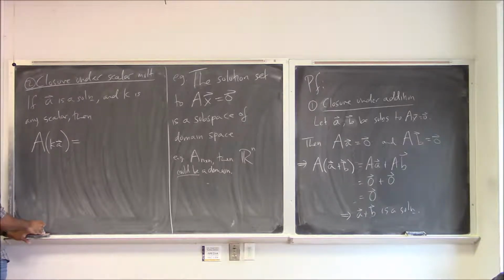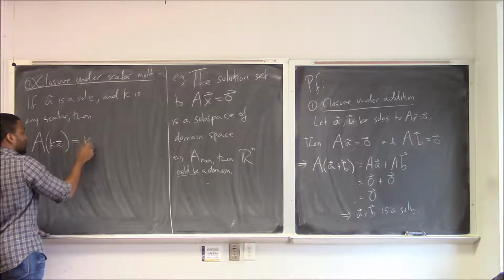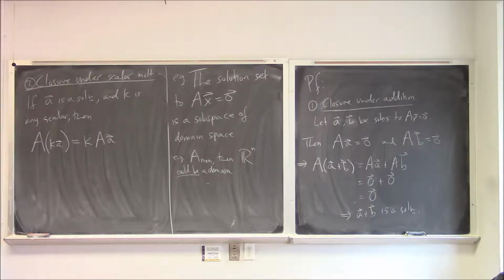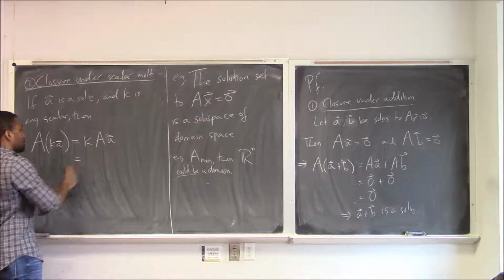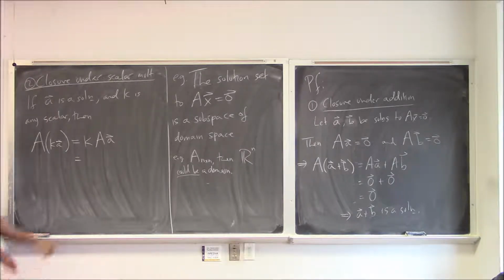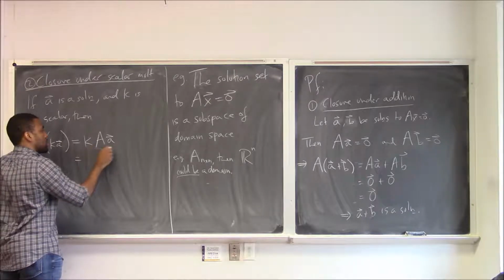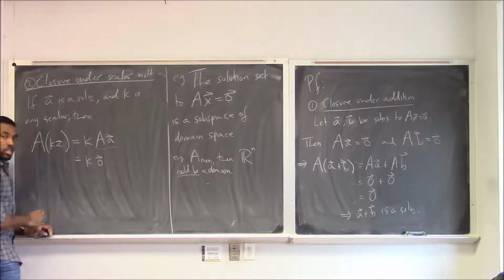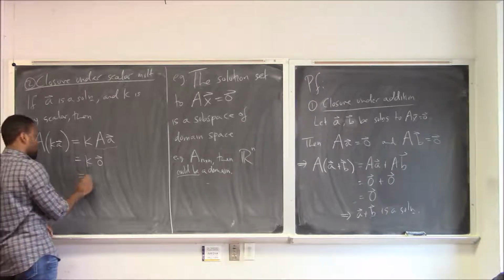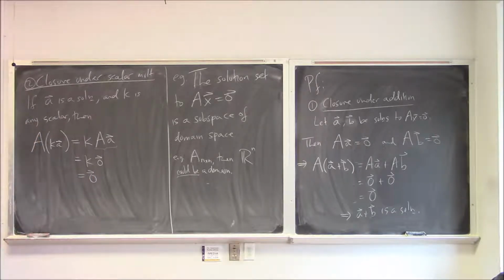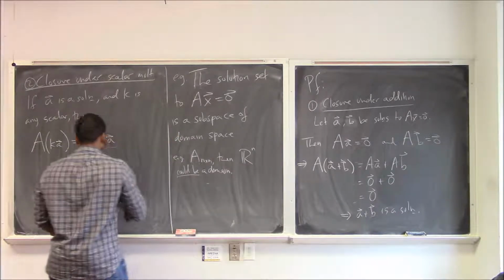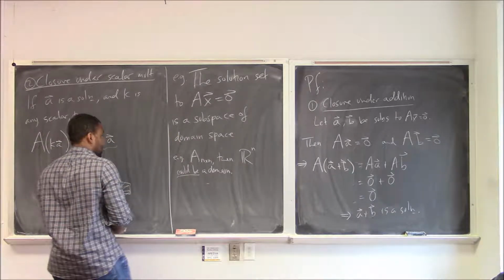It should equal the 0 vector. Well, I can factor that out, and that's also from properties of matrices. This part here I know is 0, so that's k times 0, but we've proven that in a vector space, k times the 0 vector will be equal to 0. So it's closed under addition, and that's a subspace.